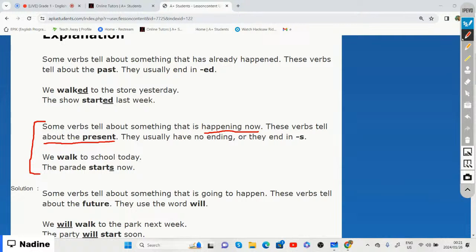And when something is happening now, the present tense verbs usually either have no ending when we are referring to more than one person, or if you're referring to one person or one thing doing an action, then they end in s. So some verbs tell you about something that is happening now, and these verbs tell you about the present.